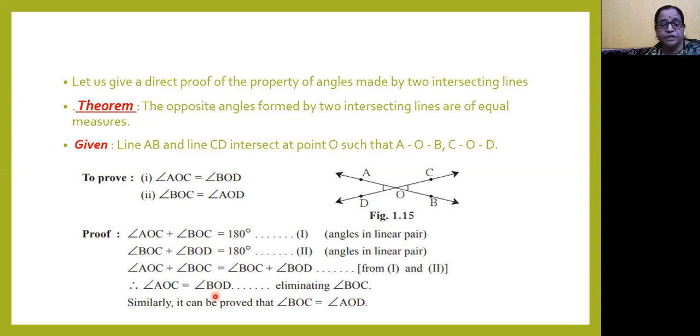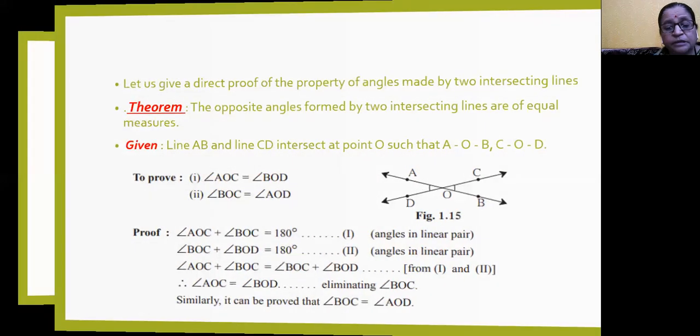AOC is equal to BOD. Similarly, the second statement can be proved, that is BOC is equal to AOD. You have to write this statement, otherwise you will not get full marks. For this statement you get 1 mark, so you have to write it.